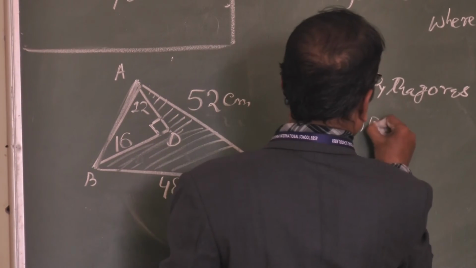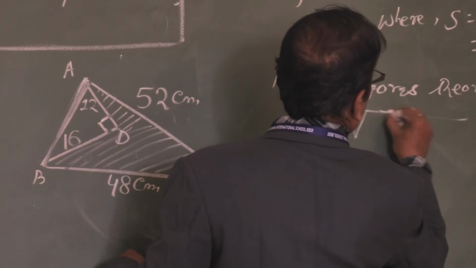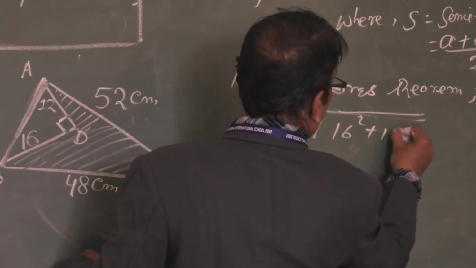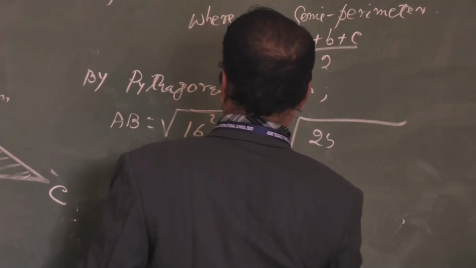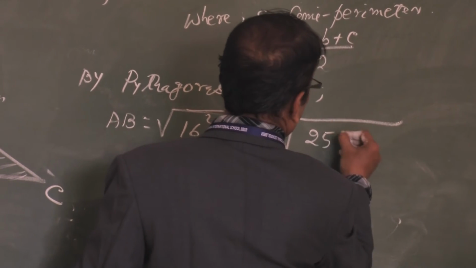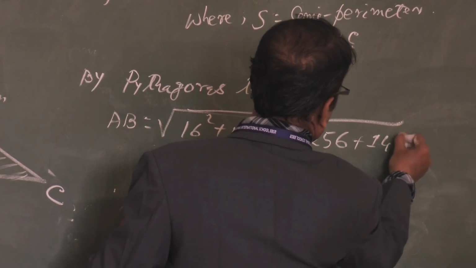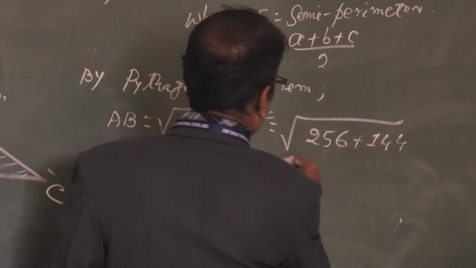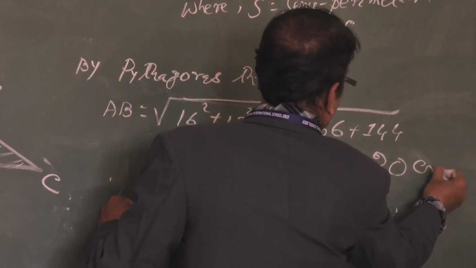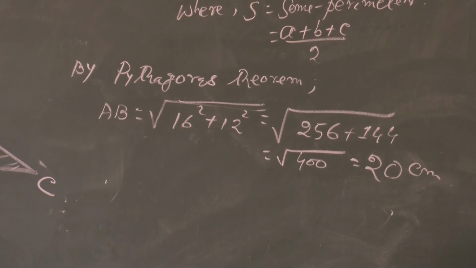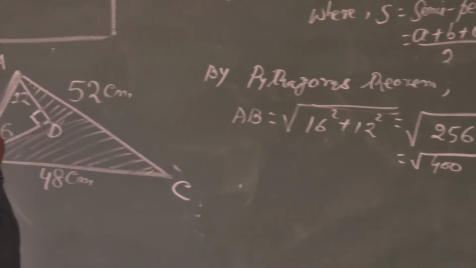So AB is equal to root over 16 square plus 12 square, that is 256 plus 144. So this is equal to root over 400, that is equal to 20 centimeter. So this is your 20 centimeter you got.